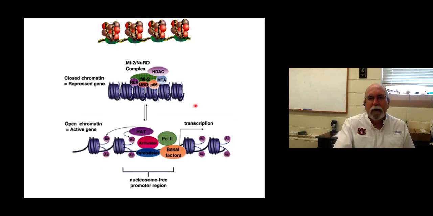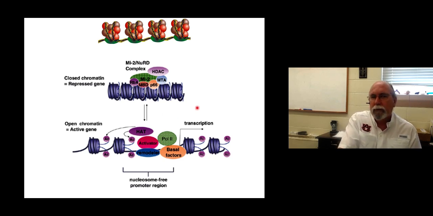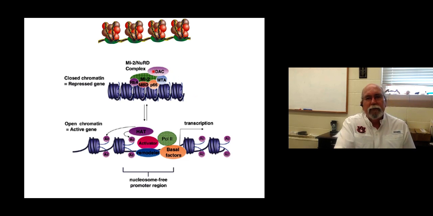You may remember that that's done through several mechanisms, but the one we illustrated was HDAC, a histone deacetylase, so we knock off the acetylation and bring in a number of complexes that bind the DNA up into this form.